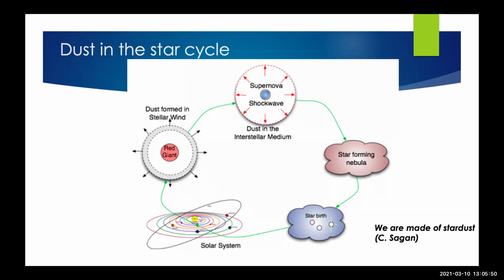And then you start the cycle again. Of course, if you are lucky enough to have a neutron star merger, then you also create all the other elements in the periodic table, which are also coagulated into solid grains. Carl Sagan said that we are made of stardust, and this cartoon proves that is right.